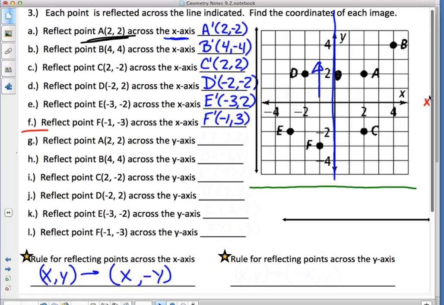A, which is 2 units away from the y-axis, becomes negative 2, positive 2. So now I've got to figure out what's changing this time when I reflect across the y-axis versus what changed when I reflected across the x-axis. What you are going to do is go ahead and do H, I, J, K, and L. Go.